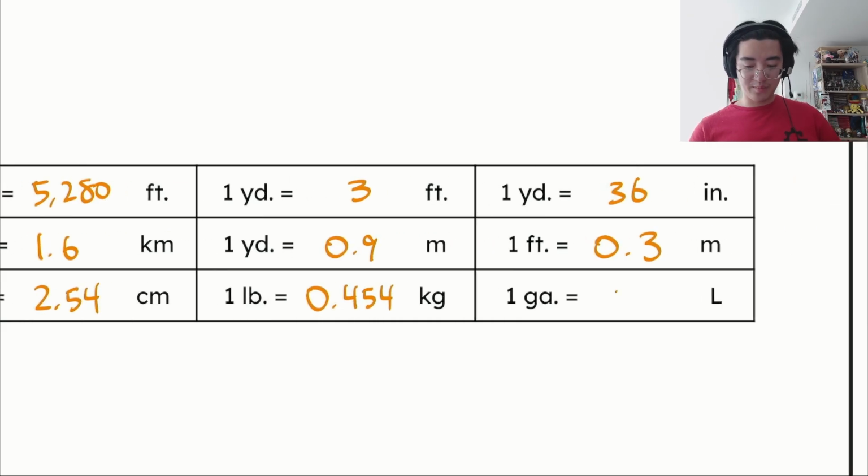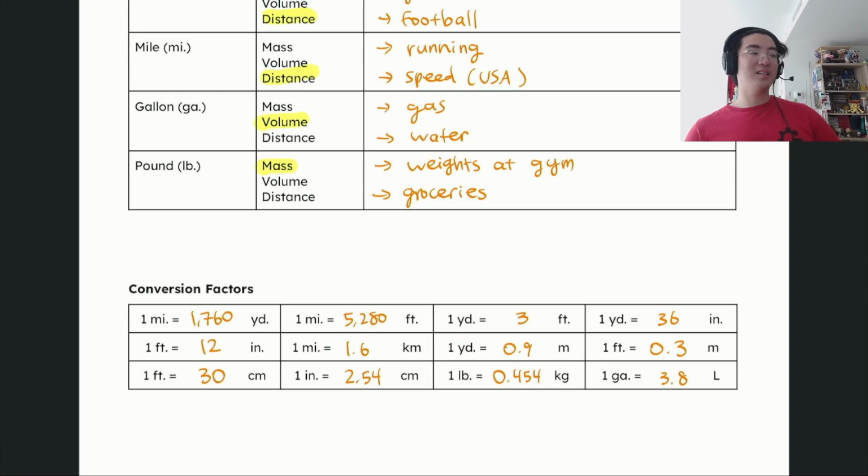And 1 gallon is 3.8 liters. So that's how the conversion works between metric and imperial.